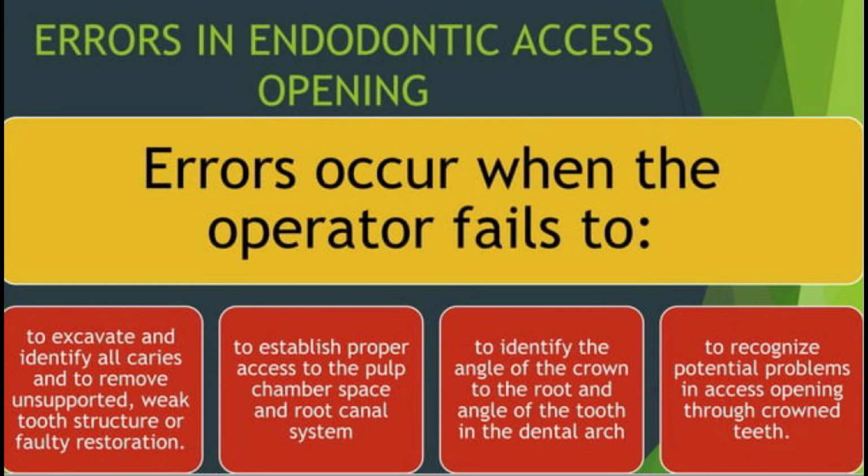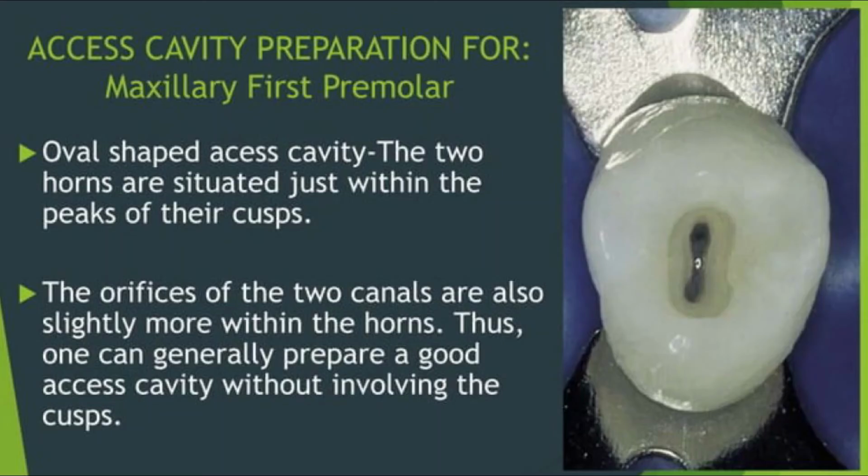Errors also occur due to failure to establish proper access to the pulp chamber space and root canal system, and when the operator fails to identify the angle of the crown to the root and the angle of the tooth in the dental arch.